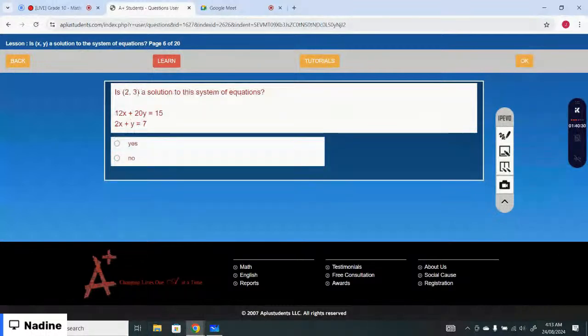Is 2, 3 a solution to this system of equations? So which is the correct option?